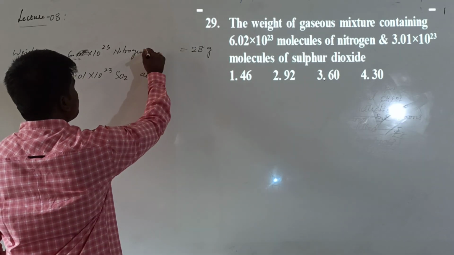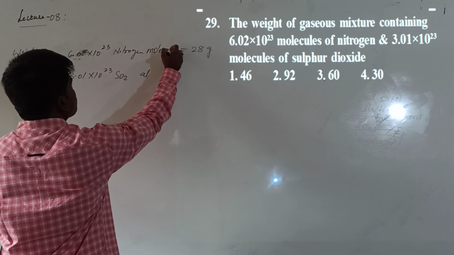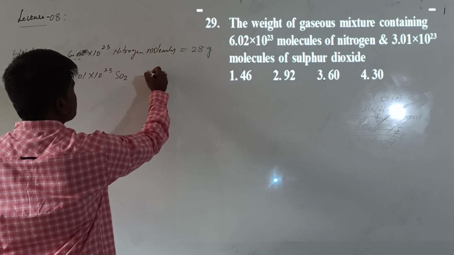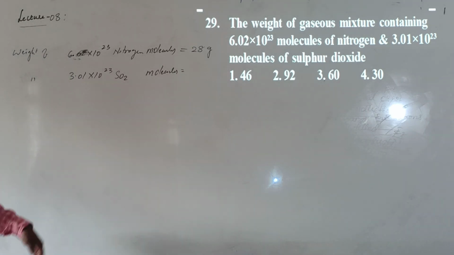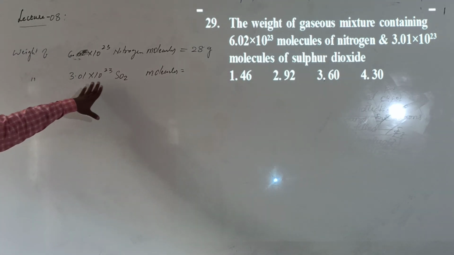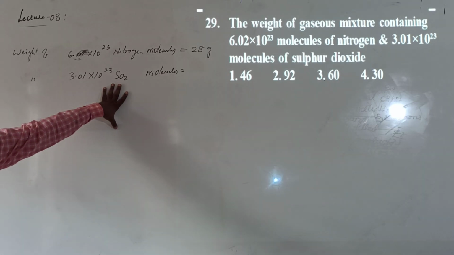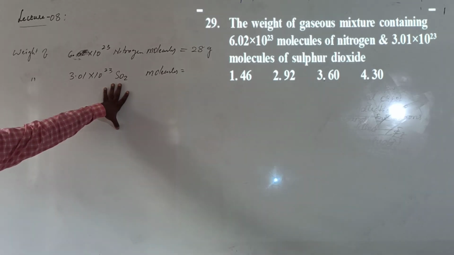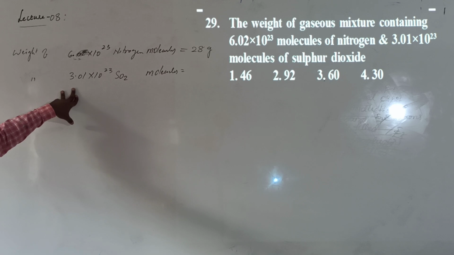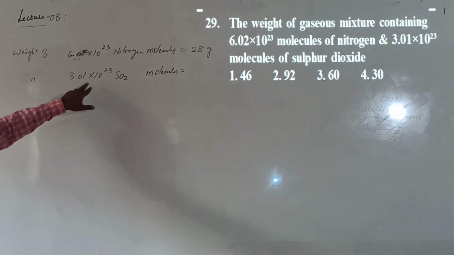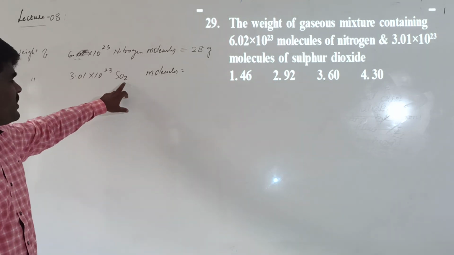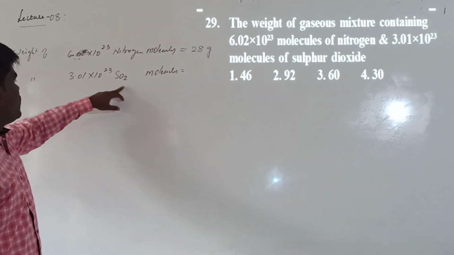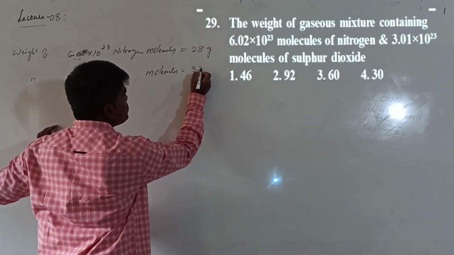It is talking about molecules, so it is half mole. If 1 mole of sulfur dioxide is 64 grams, 32 plus 32, then half mole will weigh 32 grams.